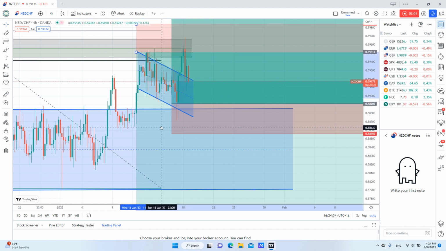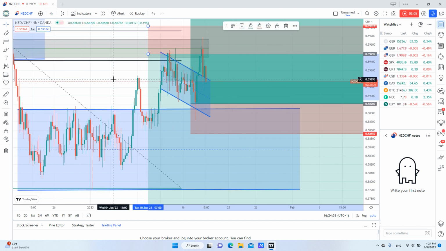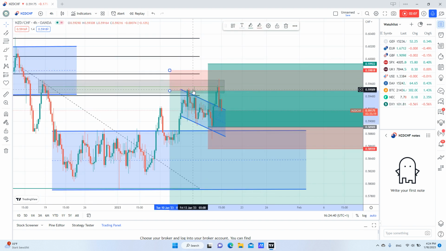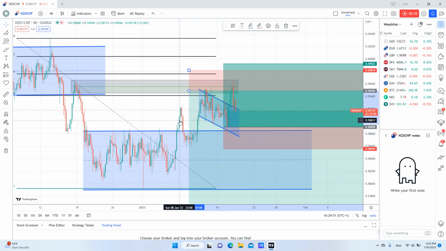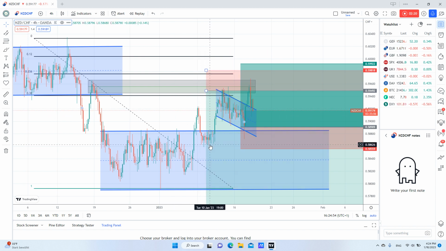This was our short position. So I exited here, most of my trade, and I entered a long position because I had the sense that we are still bullish.